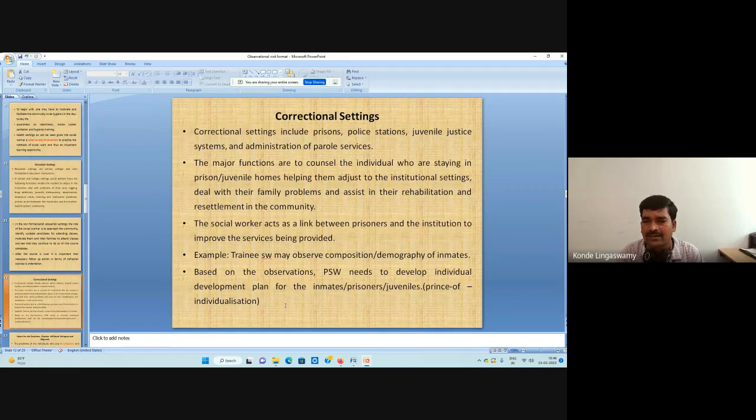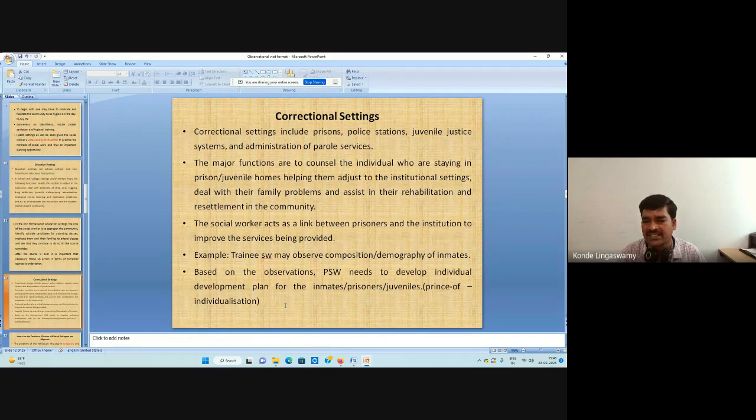In another case, another individual staying in prison has a different case. Some people were involved in a crime due to certain incidents. There are different reasons, so the composition and demography of inmates is different.